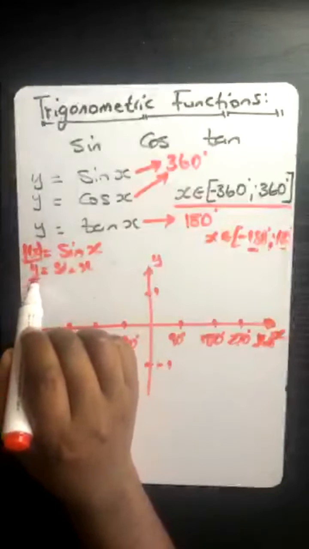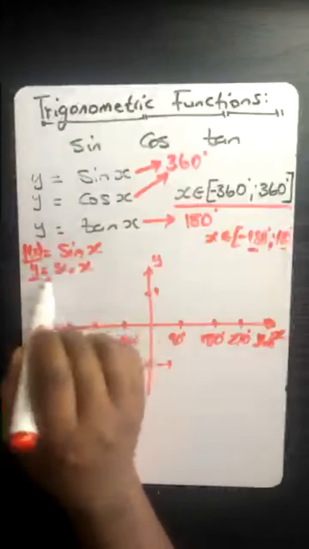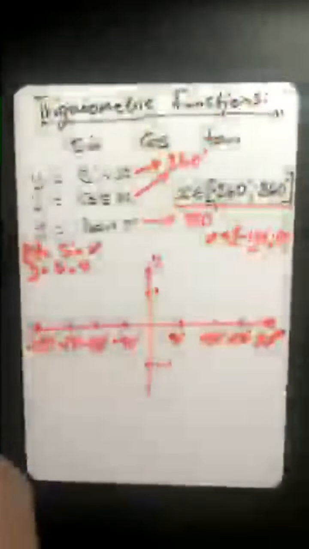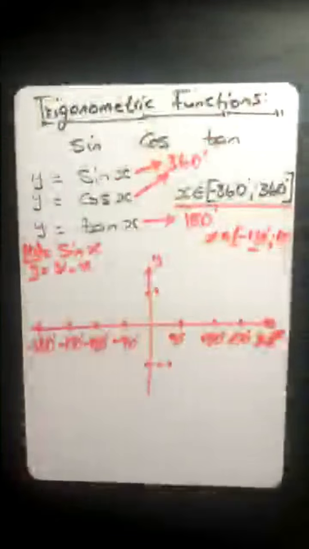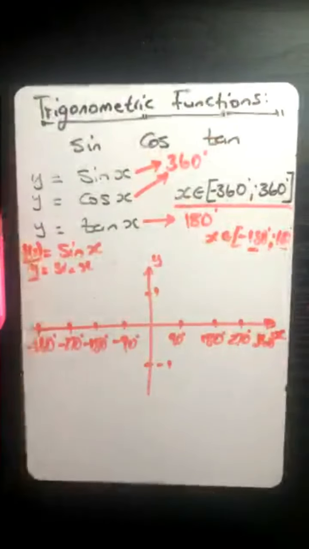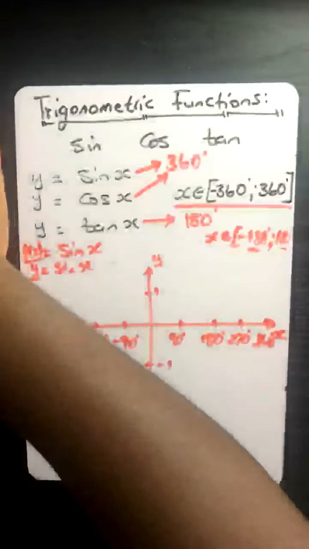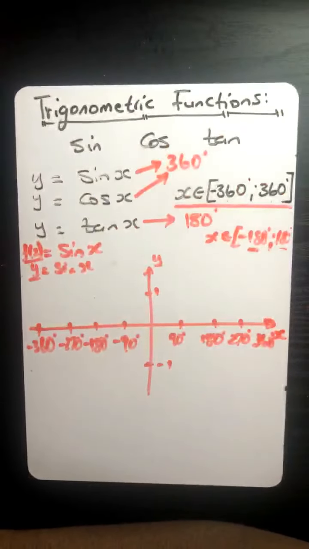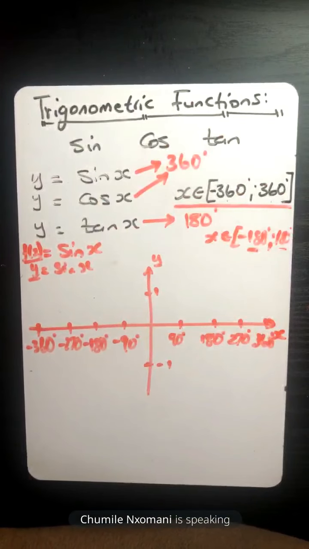I'm not sure, Chumi, if you still remember how to sketch these functions. Just let me know if you forgot so that I can train you. Yes, I did forget how to sketch those functions, sir.